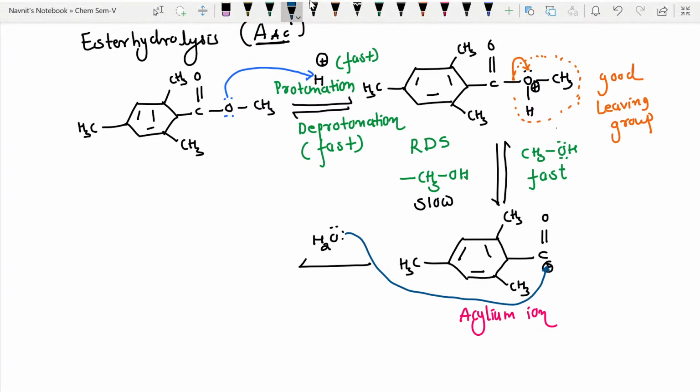Let's see what it gives. We get this molecule. So here we have a positive charge. Again, one lone pair is used to form a bond between carbon and oxygen. That's why this oxygen becomes positively charged.